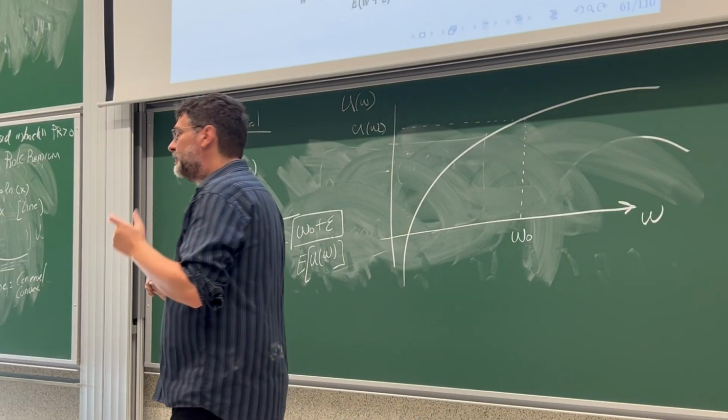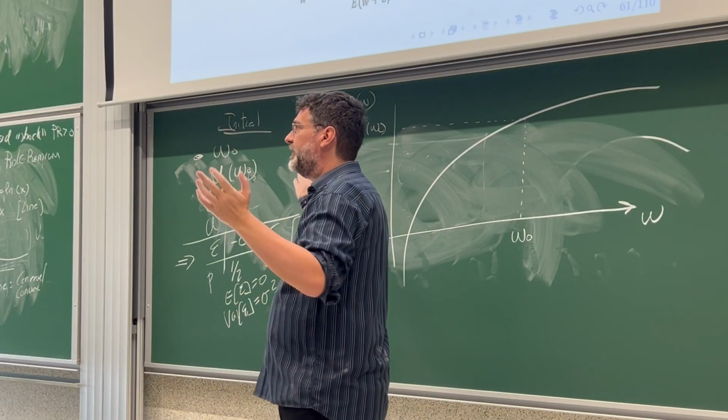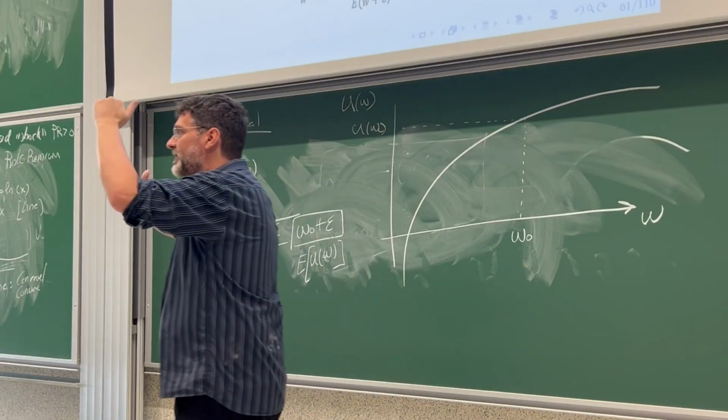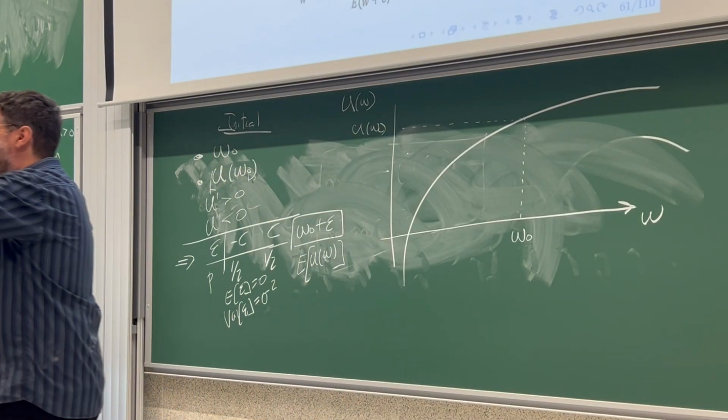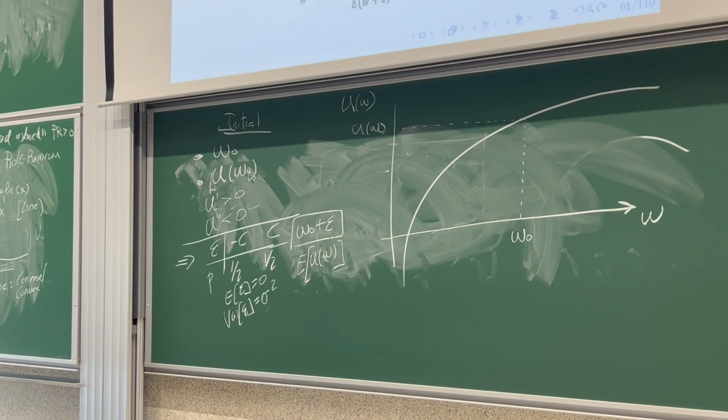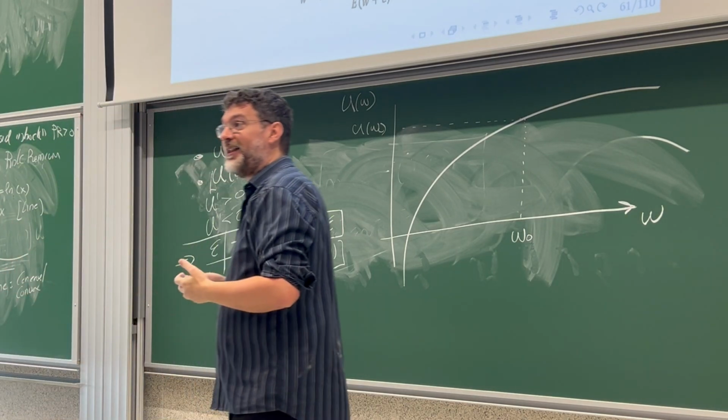Utility is not meant to tell me utility has 1,000 units. Utility is just a device to make cardinal comparisons. If you are better off, your utility will be greater than this level, and that will make you happier. And if you are worse off, your utility decreases, and that will make you feel sad, right?